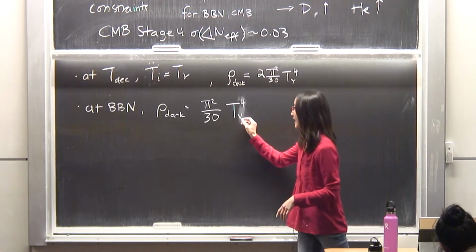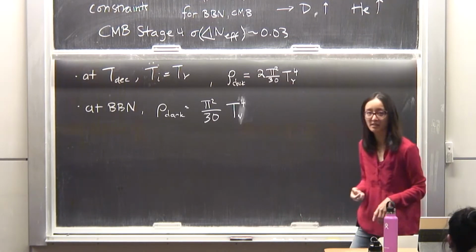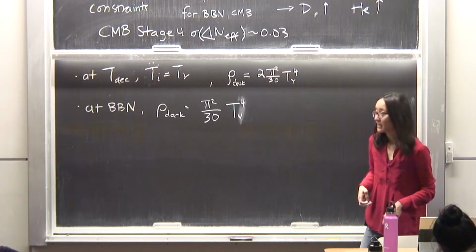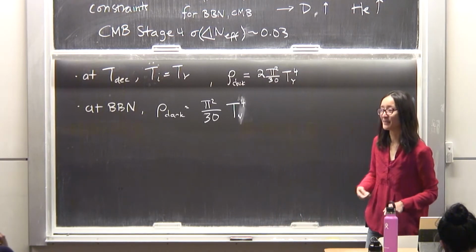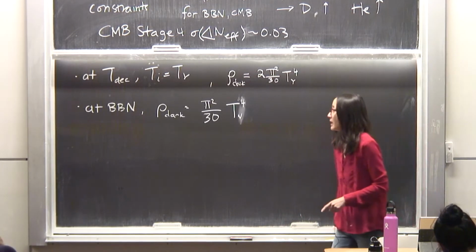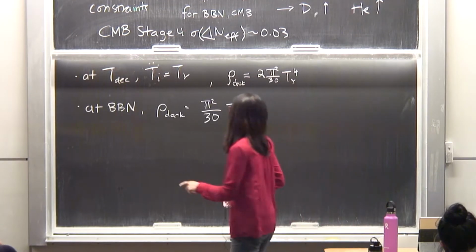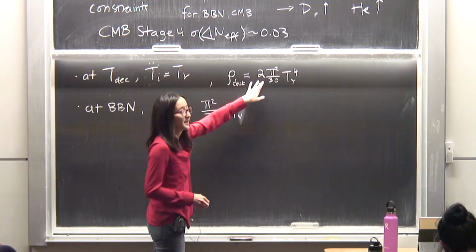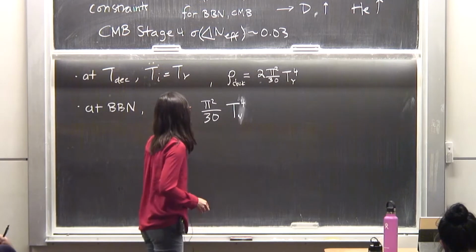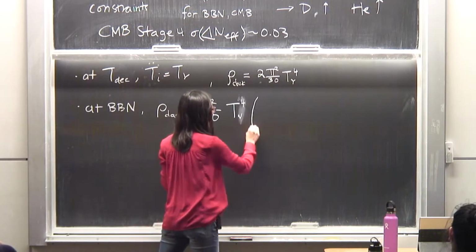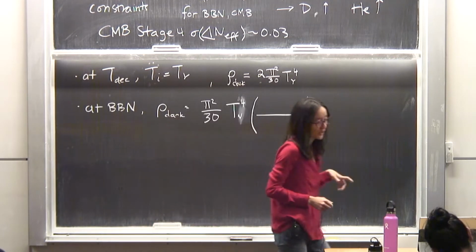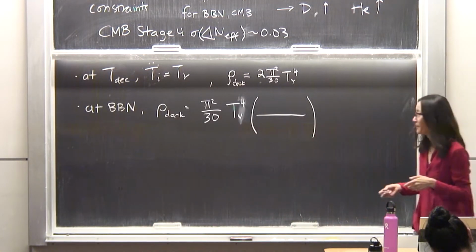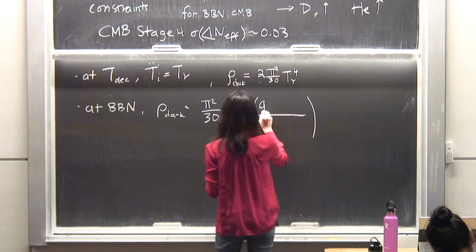So I'm just going to write this as T nu because that's what we want in the end. I'll get there in 1 second about the 2 degrees of freedom. So ignoring the 2 degrees of freedom for 1 moment, this would be the energy density if it was still in equilibrium, and because it's not, I need to include the ratio of the G stars, the degrees of freedom, at the 2 times.